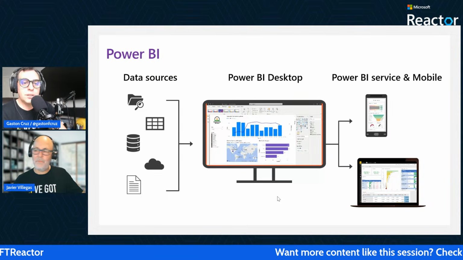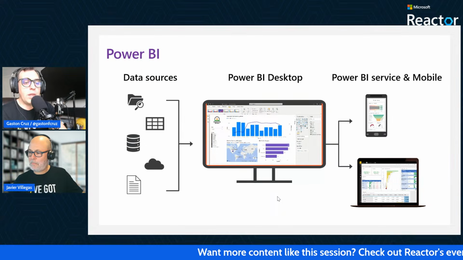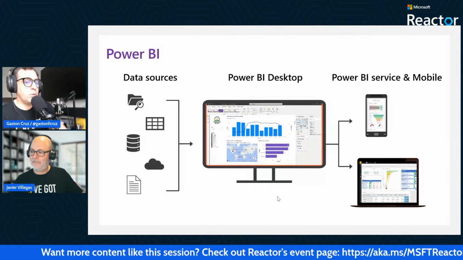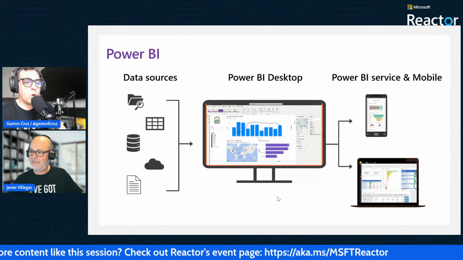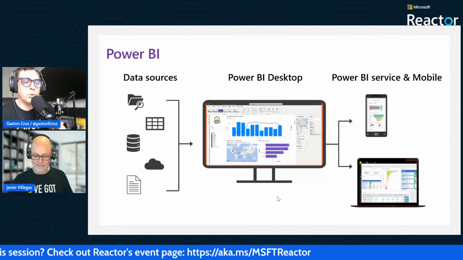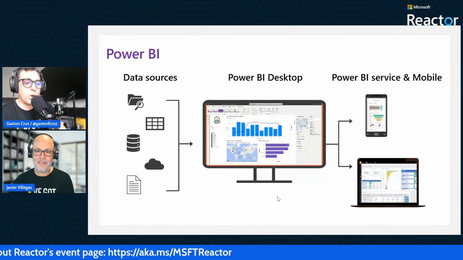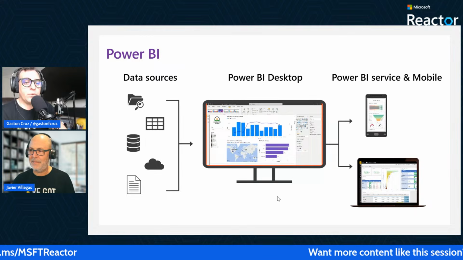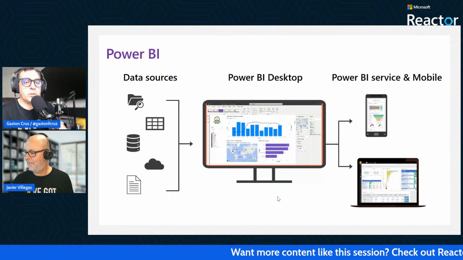You need just Power BI Desktop: download that version, start getting data from Excel, CSV files, JSON files, documents, whatever content you might have, and start playing around with that data, modeling the data, and then after that you can of course publish it to the service.